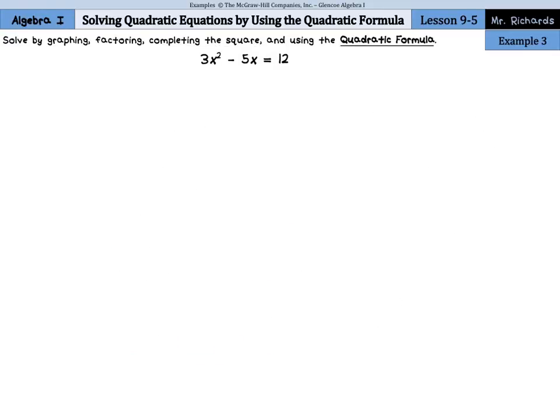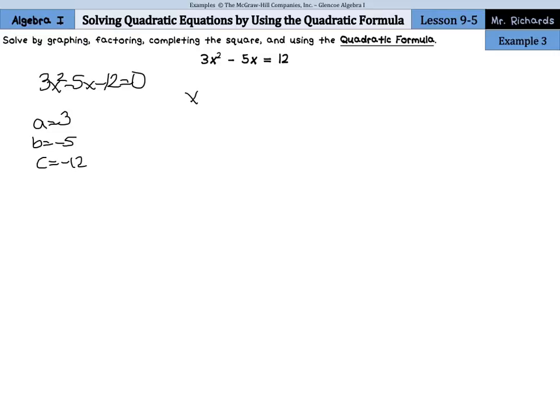And now we have our quadratic formula in today's lesson. Well, let's rewrite this once again in standard form. 3x squared minus 5x minus 12 equals 0. My a equals 3, my b equals negative 5, and my c equals negative 12.